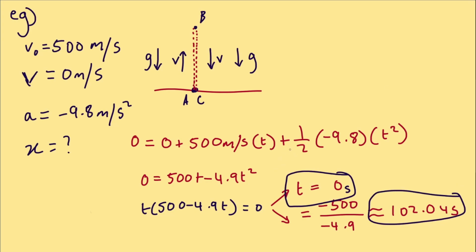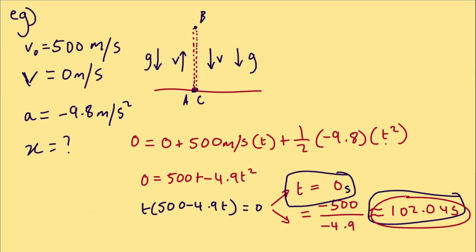Well, in the last example, when we had two answers from a quadratic, we just threw away one of them because it wasn't real. This time, both of these are actually valid. t equals 0 seconds refers to point A at the very start of the trip. It's been 0 seconds. The other is after the entire trip, when you land at point C. It's been 102 seconds.